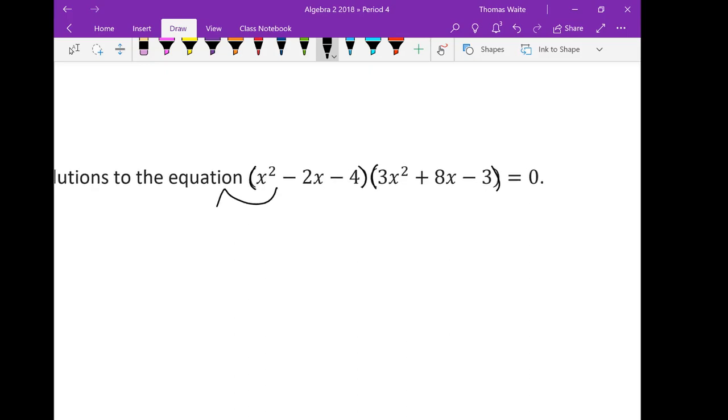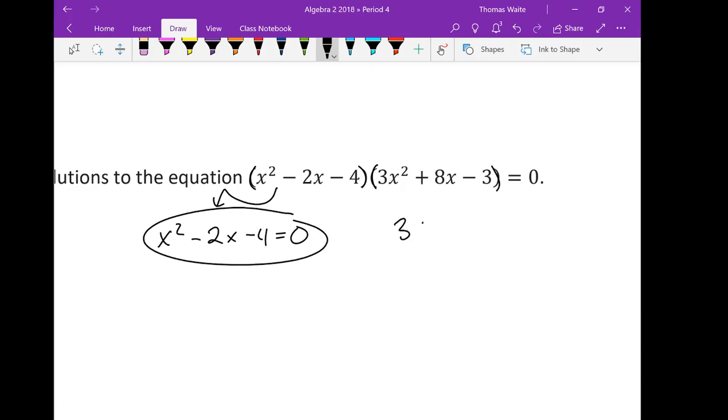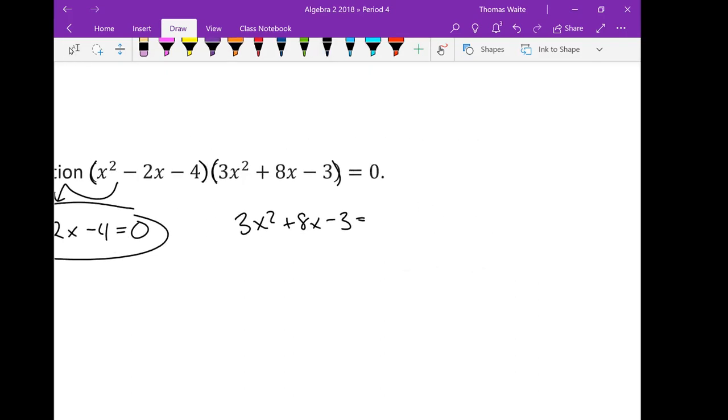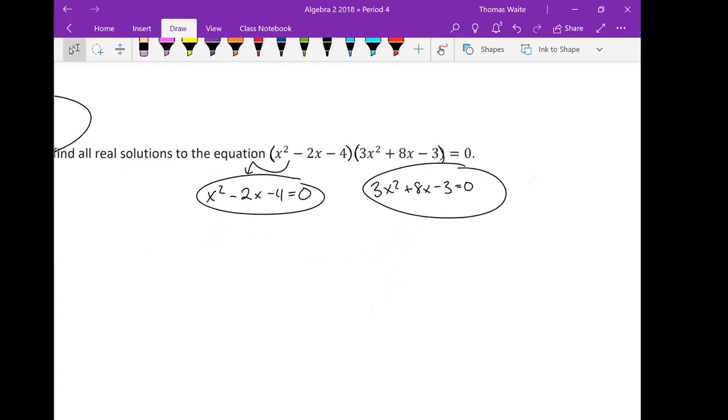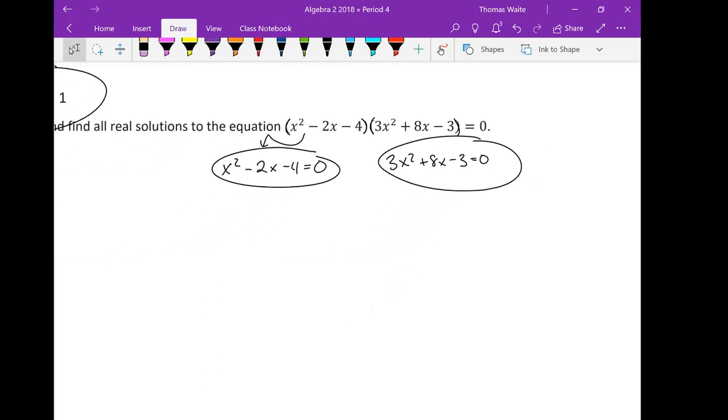We can split this up using the zero product property as x squared minus 2x minus 4 equals 0. So either that's true, or this one over here, 3x squared plus 8x minus 3 is equal to 0, or this is true. So basically here we have to find all the solutions to this bigger equation. We can find the solutions to 2 separate quadratic equations.